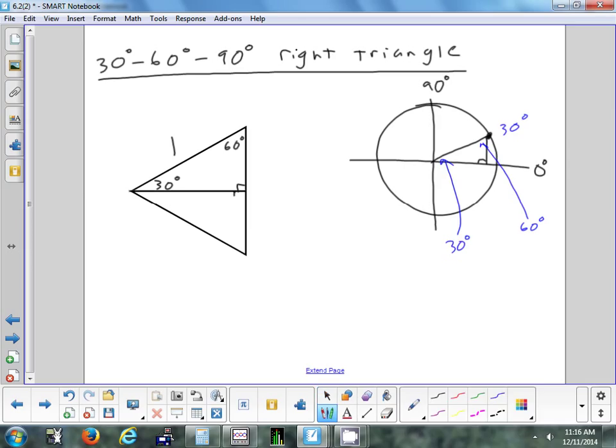How long is the hypotenuse in the bottom triangle? Yep, it's 1. It's the same as the top. It's a copy. How about this right-hand side? How long is that? 1. How do you know that it's 1 from here to here? Because it's an equilateral triangle. Right. What we did by copying and reflecting it is create an equilateral triangle.